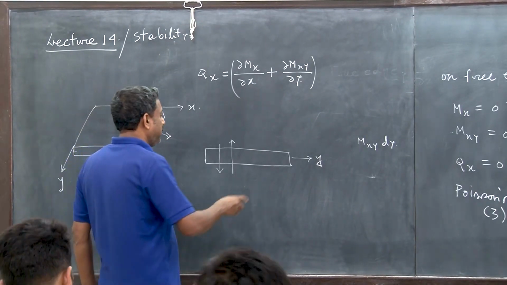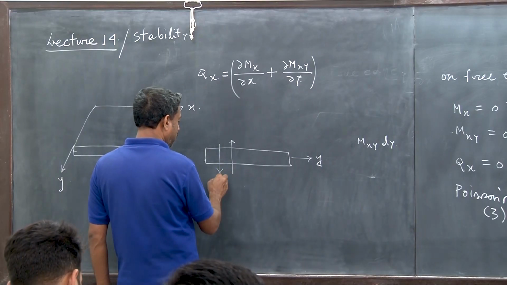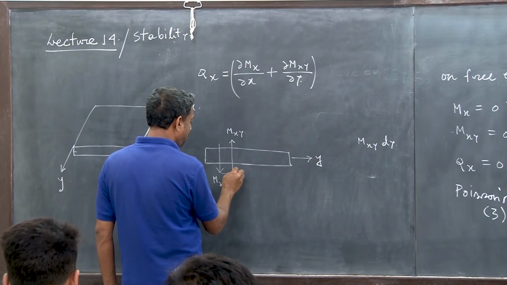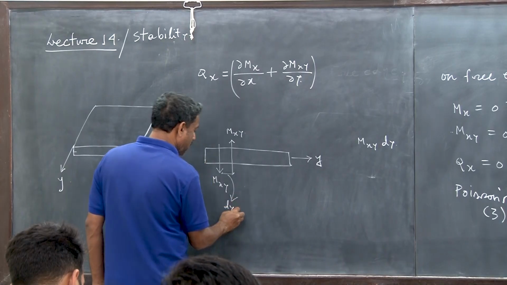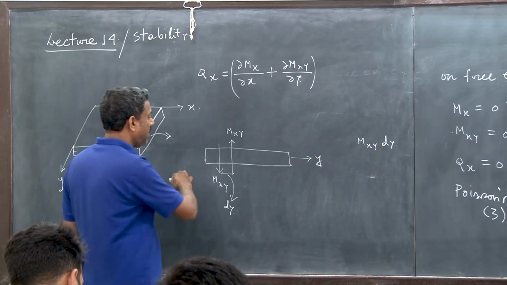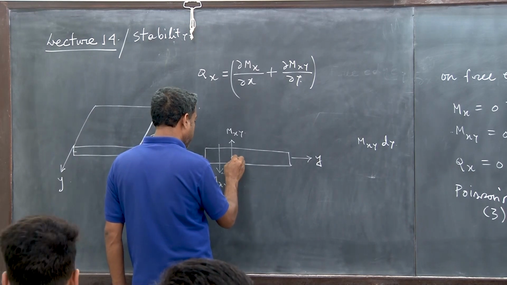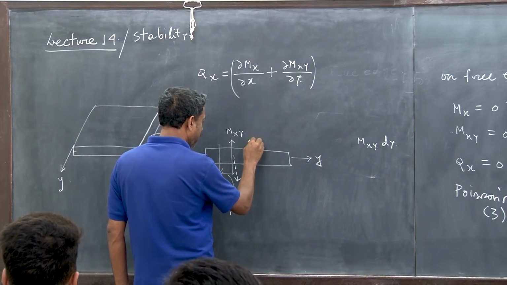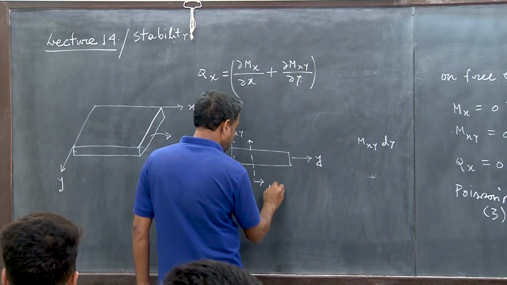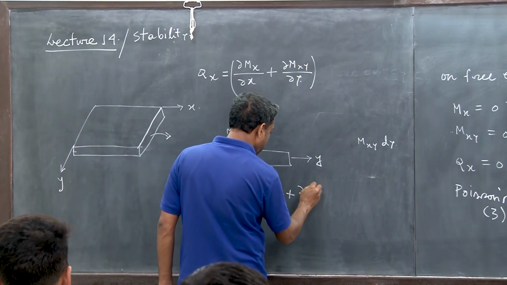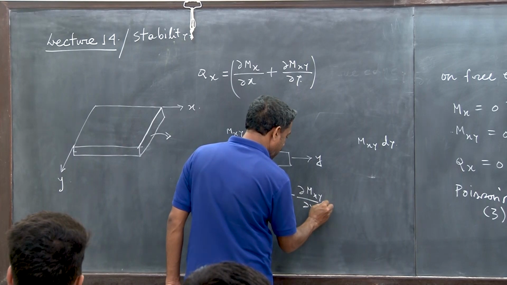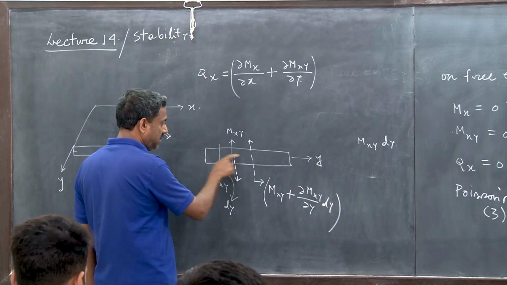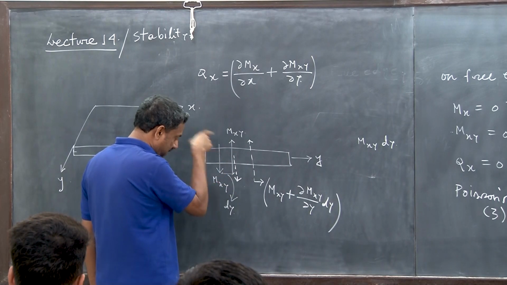So, may I replace it with two forces which are a distance dy apart, as the equivalent shear? Now over y, this is changing. So, over the next length, we also replace it with Mxy plus del Mxy/del y into dy. So, over a length of dy, this force is going to change.